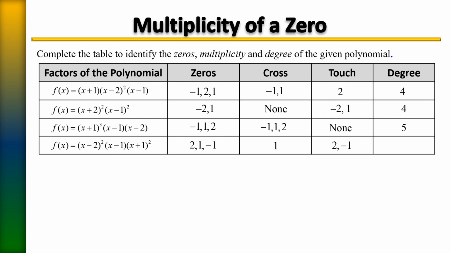What is the degree of this polynomial? Let's count their multiplicity. 2 plus 1 is 3, and 3 plus 2 is 5. So that is a fifth degree polynomial.